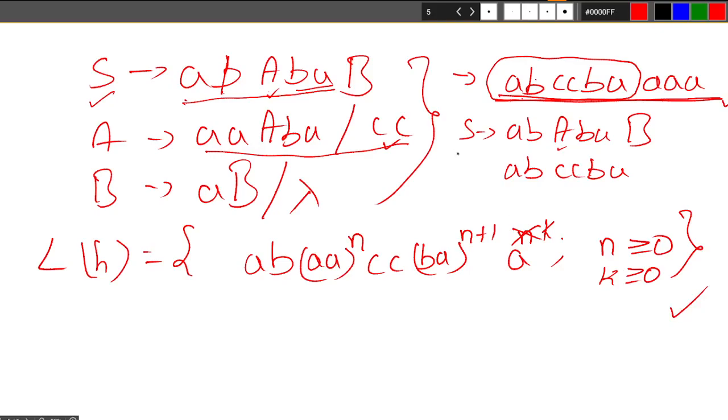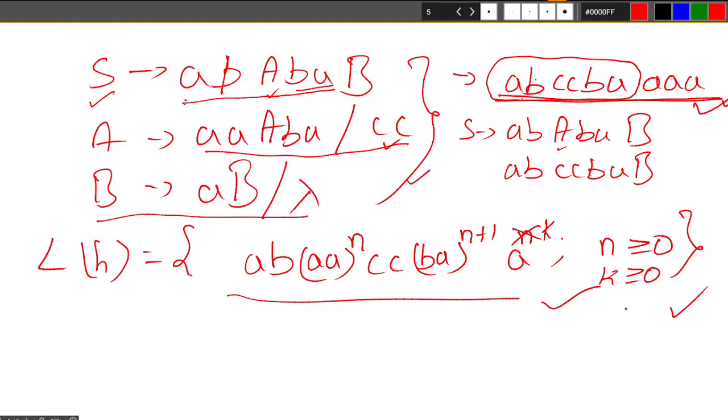So as we can see now, B is going to be replaced. Here B is producing A star, any number of A. So definitely this is a possible string with this grammar, and with this language, this language is now correct. So this is what we have seen till now.